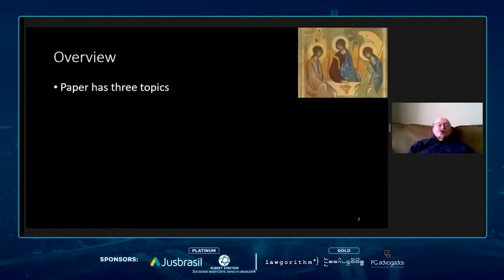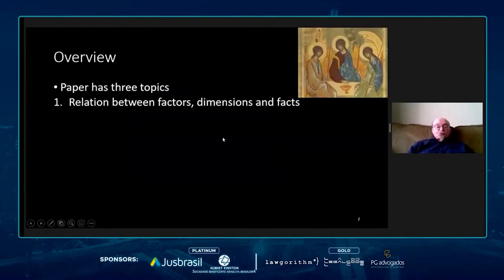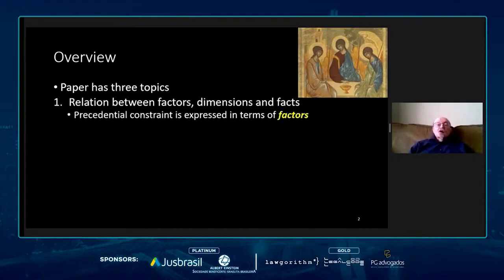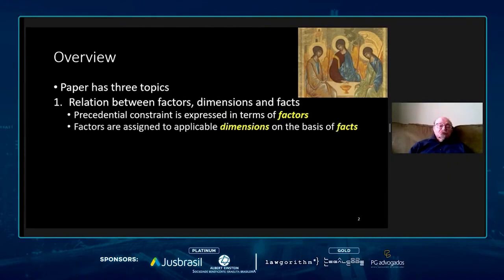My paper has three topics: the relation between factors, dimensions, and facts, and I will argue that precedential constraint is best expressed in terms of factors, and factors are assigned to applicable dimensions on the basis of facts.